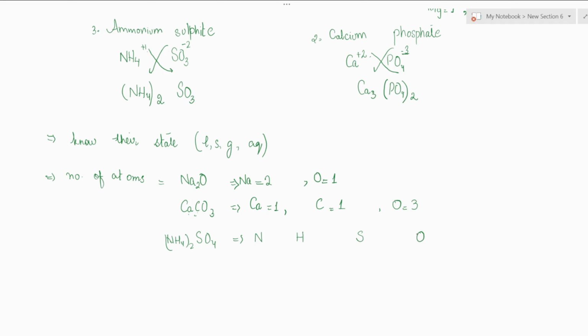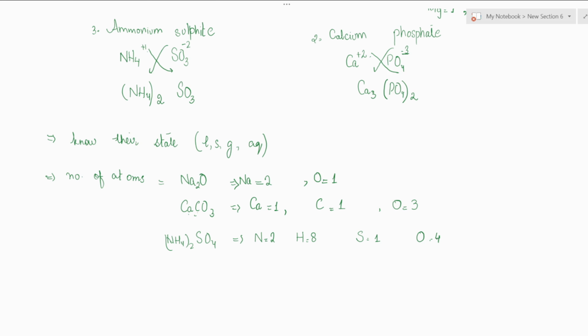Good. We have 4 types of atoms. Now tell me how many atoms are there? How many nitrogen are there? 2. Good. How many hydrogen? Good. How many sulfur? How many oxygen? Good. So this is how we calculate the number of atoms.